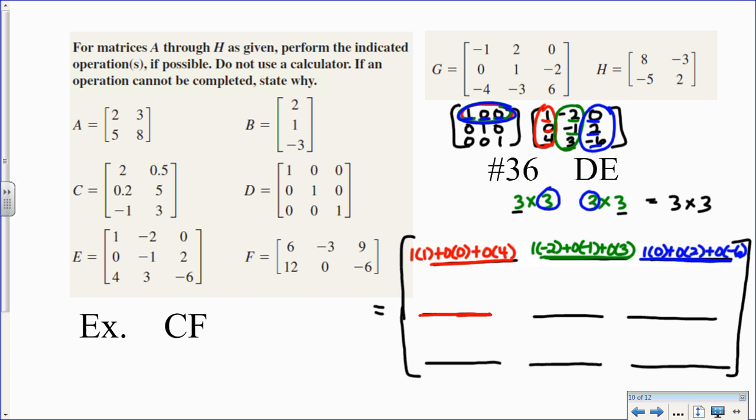First column, so second row, first column. So second row, first column. And now I'm 0 times 1 plus 1 times 0 plus 0 times 4.